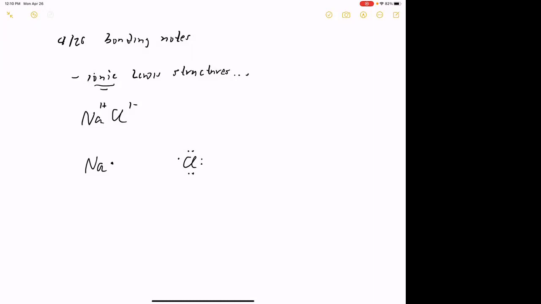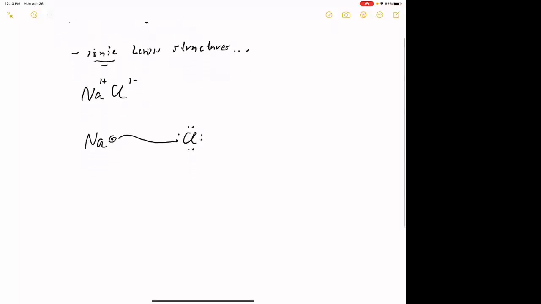So we kind of know what ends up happening here. I'm going to take this electron from the sodium and give it to the chlorine, and that satisfies that requirement. So now that ionic bond can form. What I'm going to have now is a sodium ion, and it's going to have around it a chloride ion with a 1- charge, and I'm going to put that octet, or set of 8 electrons, around the chloride.